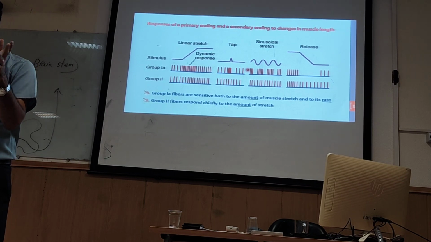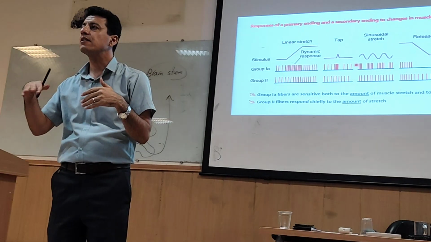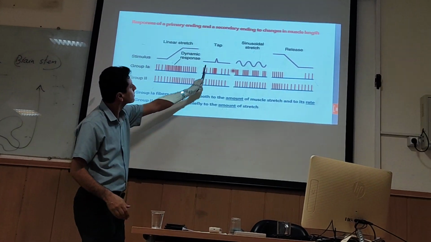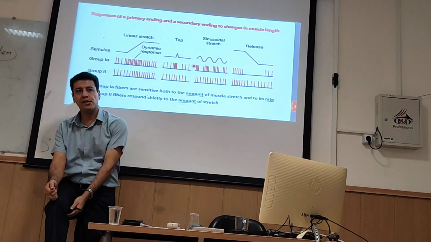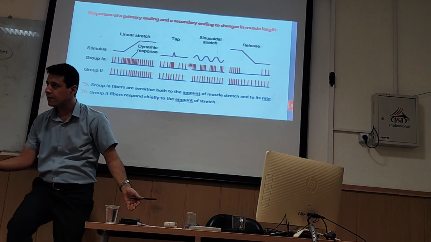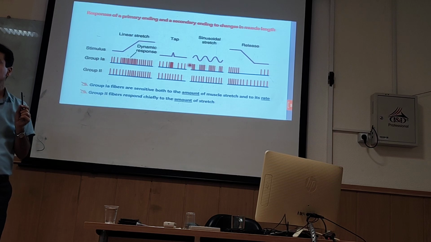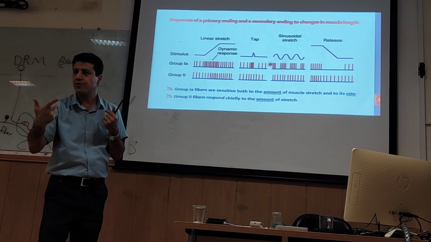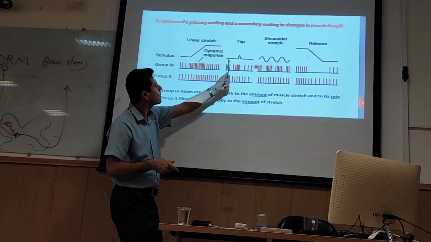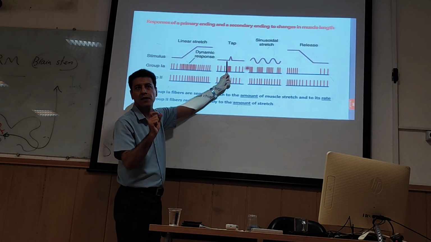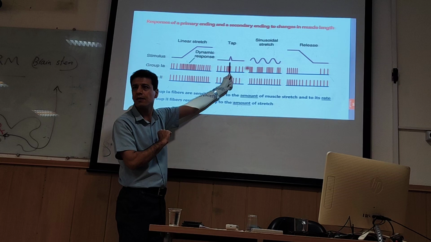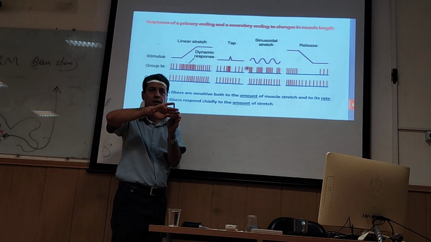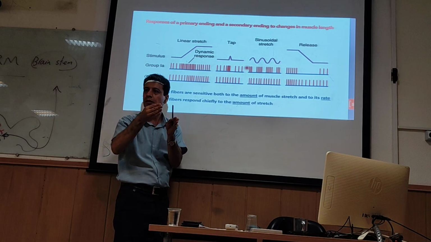Stretch and hold. But we may have another type of stimulation, a tap, like using the hammer. So you have a very transient and small stretch. It's very fast and very short. So it's a dynamic response, because the length is changing.